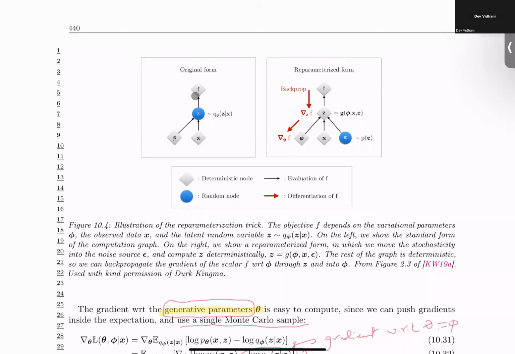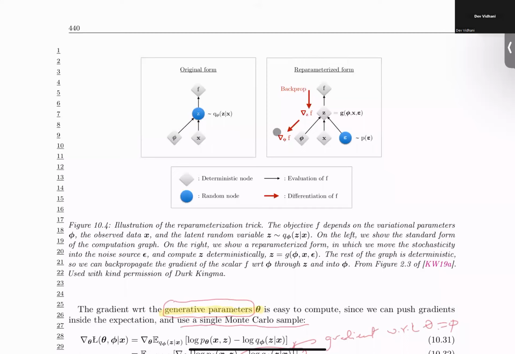When we take the derivative, it can pass through to Z, but because that's a random sample picked from this distribution, there is no way for us to find phi from it, and we cannot have the derivative propagated here.